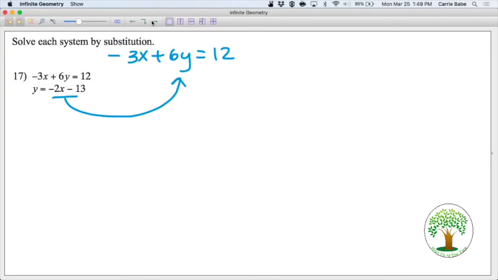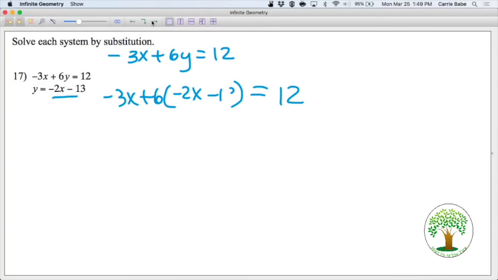So in the other equation, in the place of this y right here, I can substitute in a negative 2x minus 13. So this is what I'm going to write: negative 3x plus 6, and instead of the y, I'm going to open parentheses and put in the negative 2x minus 13.